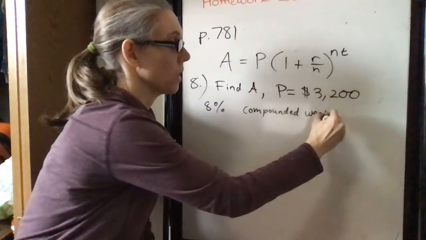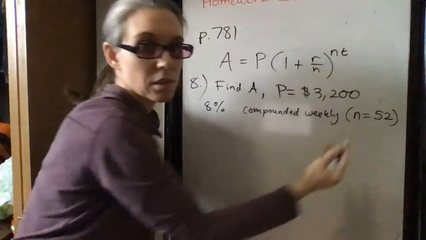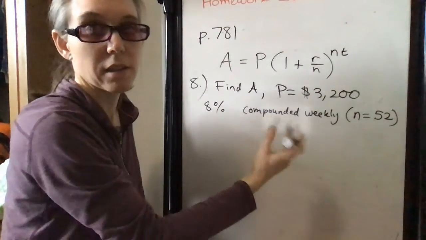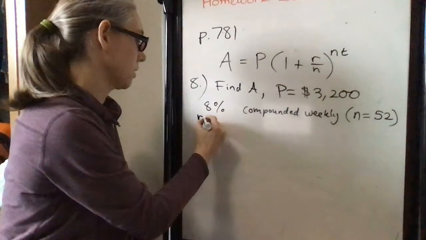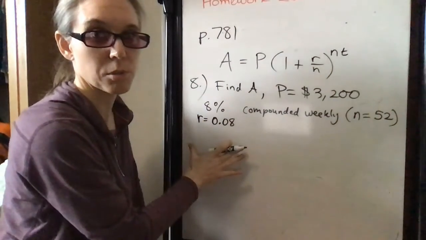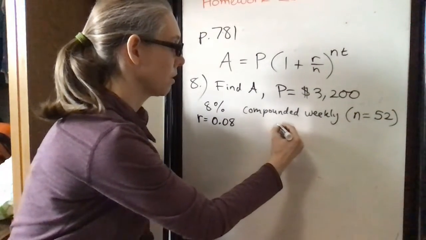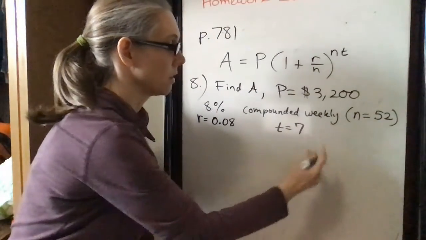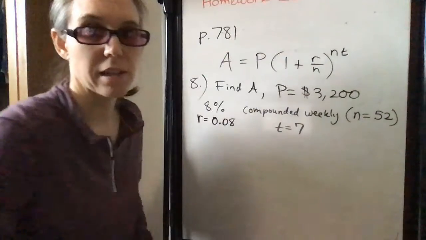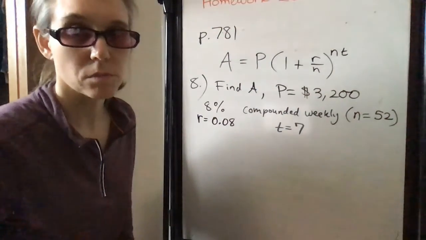So compounded weekly means that N is equal to 52, since there are 52 weeks in a year. And then we're told that the money is left for 7 years. Okay, so if the money is left in the account for 7 years, T is equal to 7.